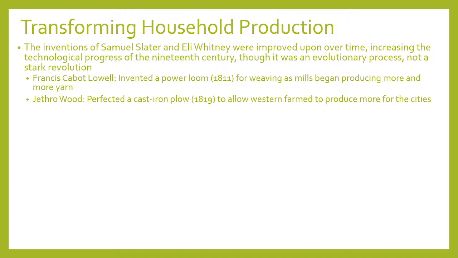Jethro Wood, cast iron plow, which was also important as we're spreading further west, and the farmers there are having to plow more and more land to supply the cities.